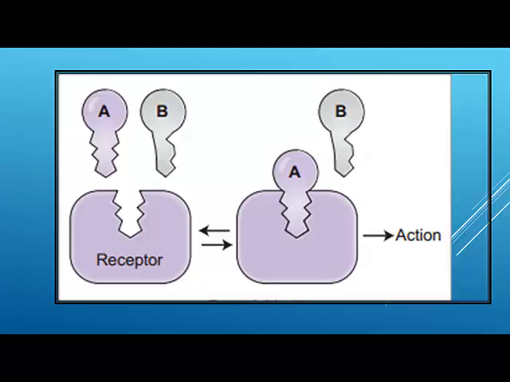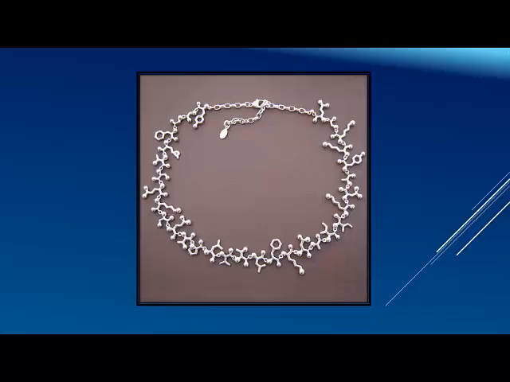Here you have two keys, two different shapes, and only key A will fit in this receptor. Every neurotransmitter is composed of different amino acids that are arranged in a special configuration.